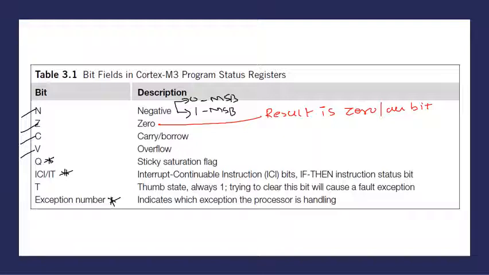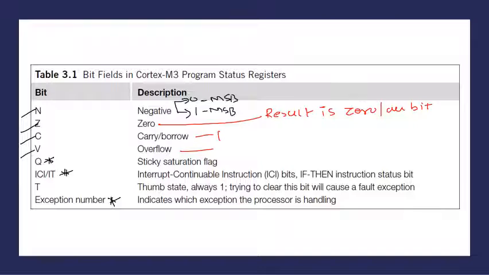Carry and borrow: while performing an addition operation we use carry, while performing subtraction we come across the borrow whenever you subtract a higher number from a lower number. In such a case, this flag will be reflected as 1.